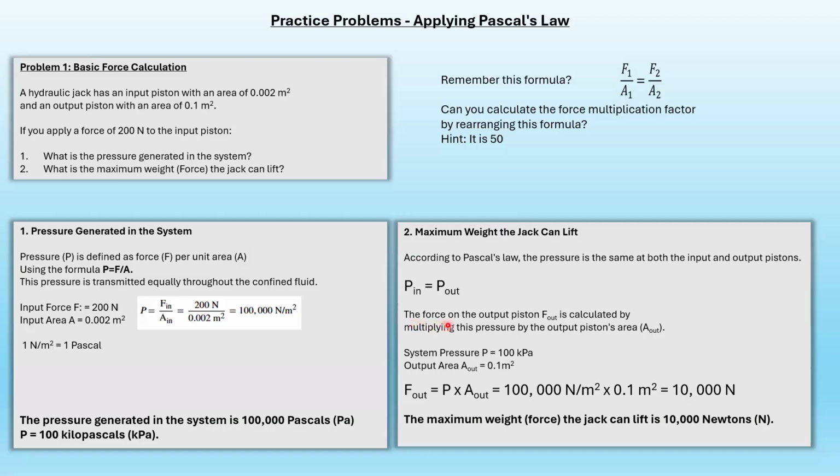So the force on the output piston, F out, is calculated by multiplying this pressure by the output piston area. The system pressure that we just accomplished by this calculation is 100 kilopascals, so we know that. The output area equals 0.1 meters squared.